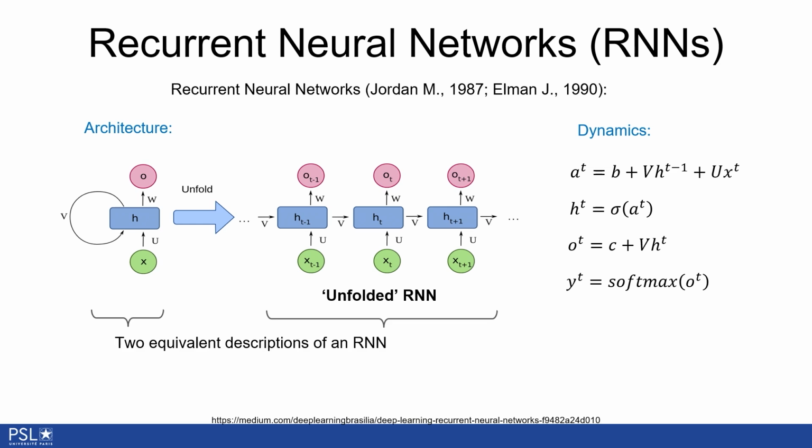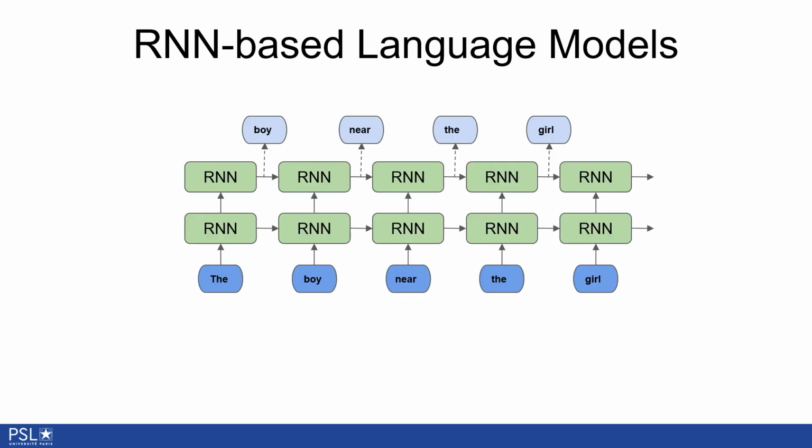The output vector y_t, like the input vector x_t, is typically of the size of the vocabulary. It represents the prediction of the model about the most probable next word as a probability distribution across all words in the vocabulary. To summarize, an RNN-based language model is a recurrent neural network that is given as input a sequence of words, and its goal is to predict at each time step the next word.